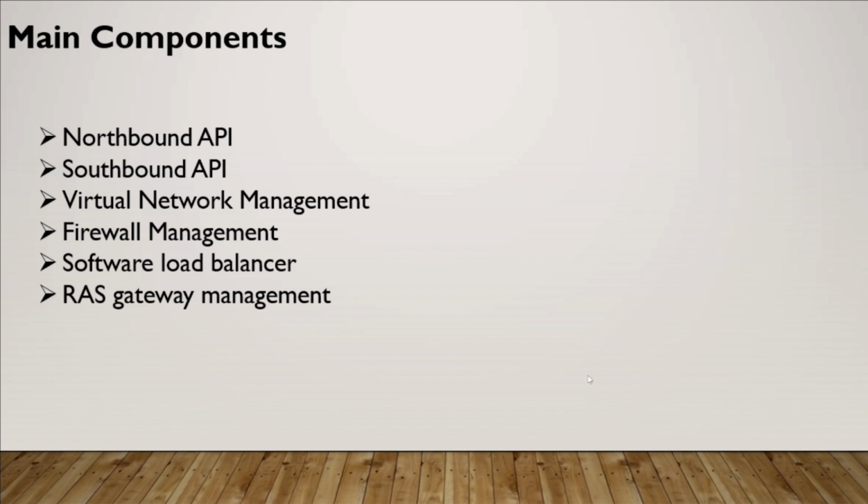This API allows management applications to communicate with the network controller, which is implemented as a REST interface. The next is southbound API. The first one is allowing management applications to communicate with the network controller. This one allows the network controller to communicate with and manage network devices, services, and components.